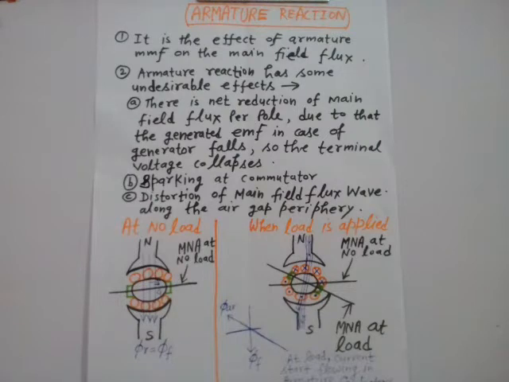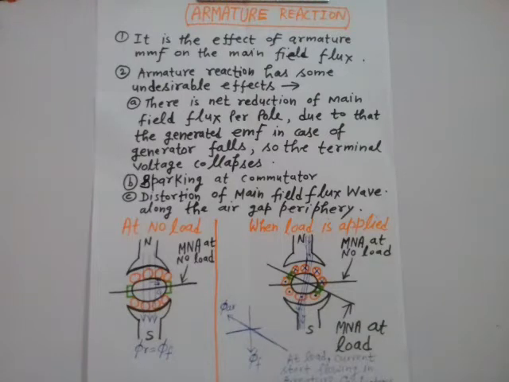Commutation is basically short circuit of armature coils by brush. Good commutation means no sparking at the brushes and the commutator surface, and poor commutation means sparking at the brushes and the commutator surface.